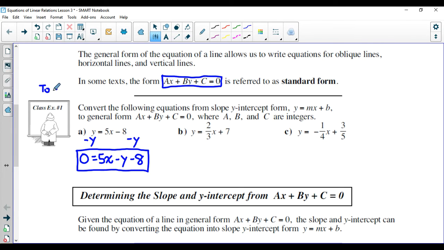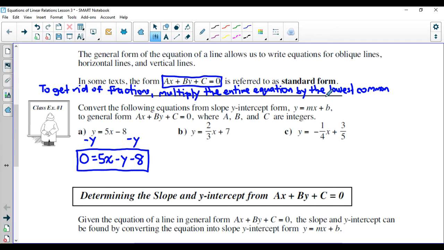So I'm going to say, to get rid of fractions, what you want to do is multiply the entire equation by the lowest common denominator of the fractions.